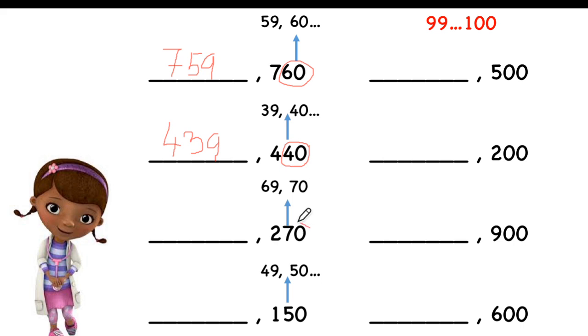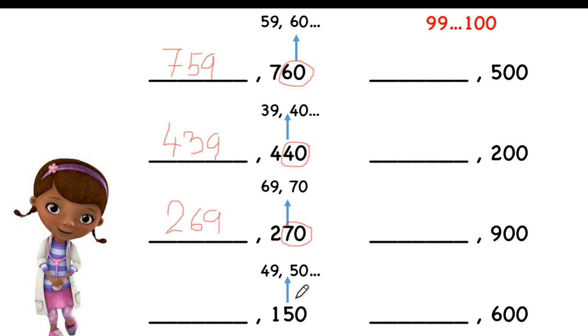270. Again, the number ends with 0. We cannot use the 0. We will use 70. And you will ask yourself, which number comes before 70? 69. So the number that comes before 270 is 269.